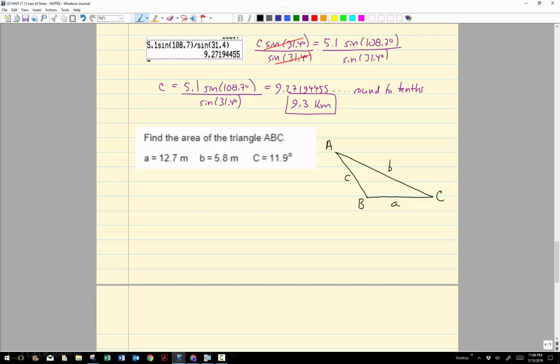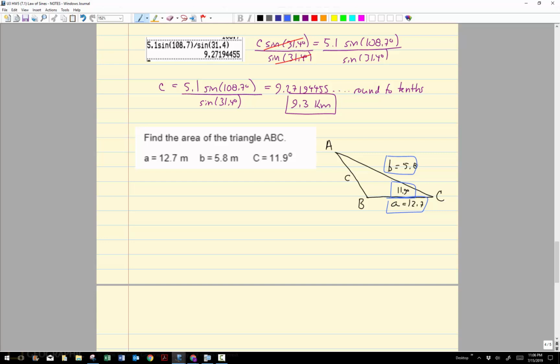So if we keep looking here, I know that A is 12.7, side B is 5.8, and angle C is 11.9 degrees. So what we have here then is a side, angle, side. Now I'm not trying to solve for all the other sides, I'm trying to find the area.